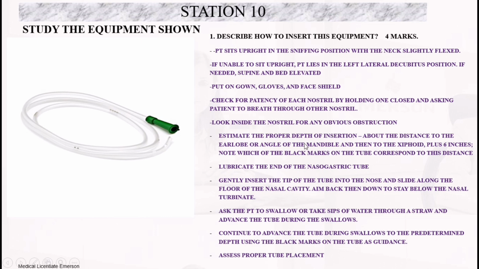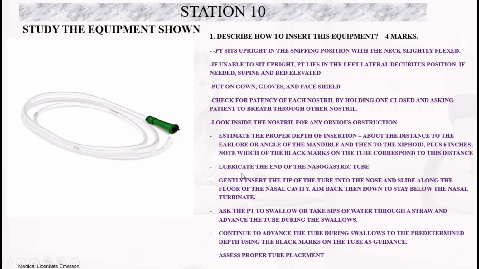Estimate the proper depth of insertion: the distance from the nose to the earlobe or angle of the mandible, and then to the xiphoid plus 6 inches. Note which of the black marks on the tube correspond to this distance. Or if by chance there are no marks on the tube, you can just mark where the tube reaches 6 inches past the xiphoid process.